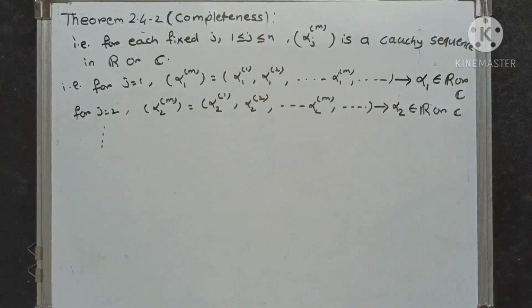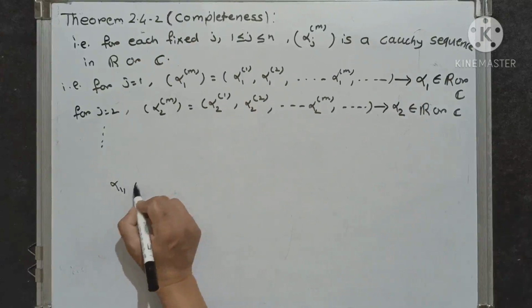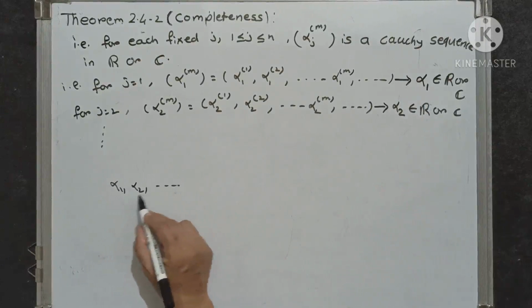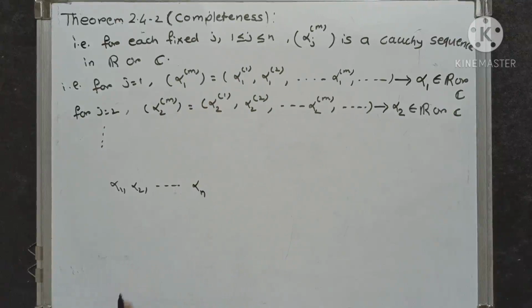Now, collecting all these limits, we are getting alpha 1, alpha 2, and so on up to alpha n.